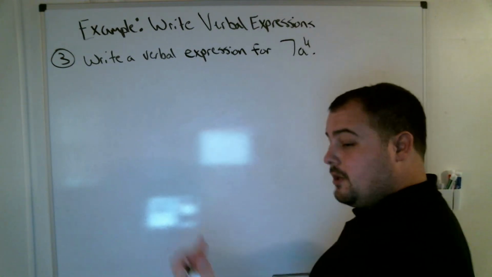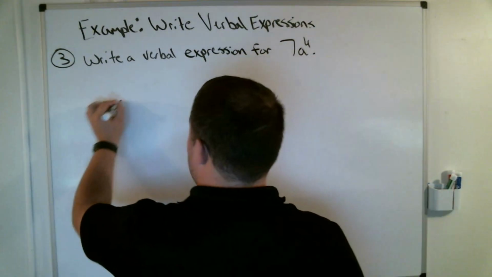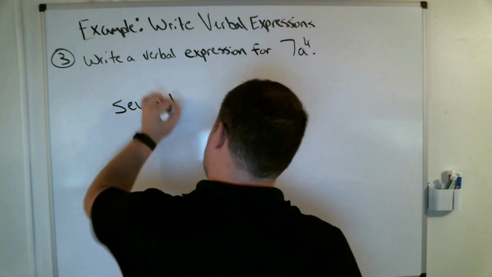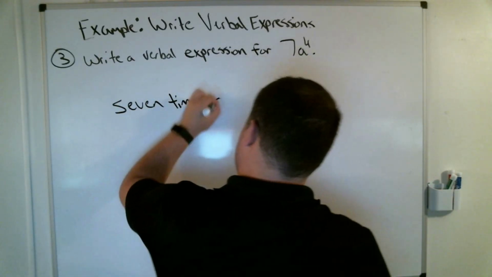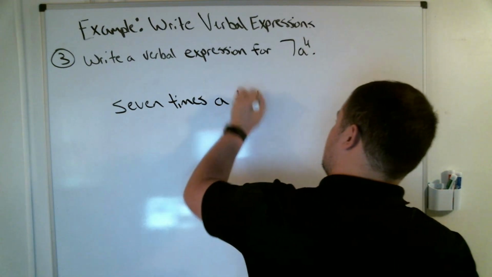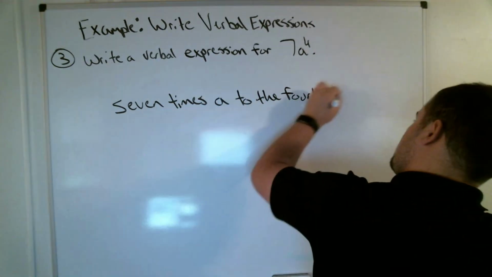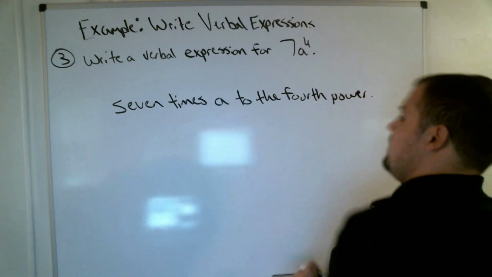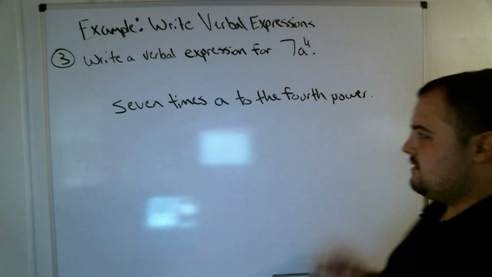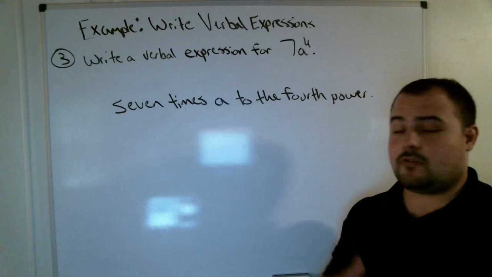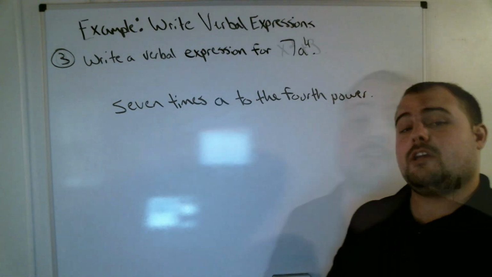So the one way that you should have written it is 7 times a to the 4th power. And really, that's about the only way that you could say this problem. So if you got it right, good job. Let's go ahead and try another one.